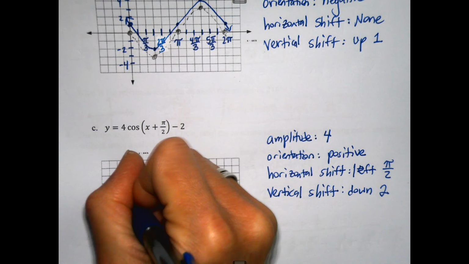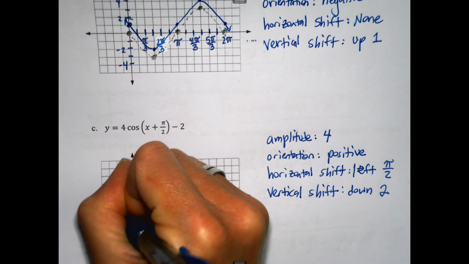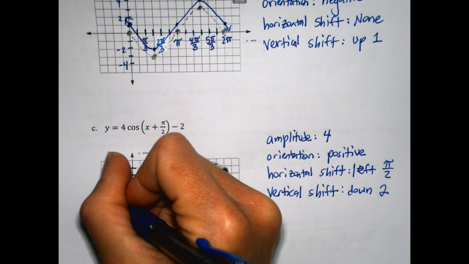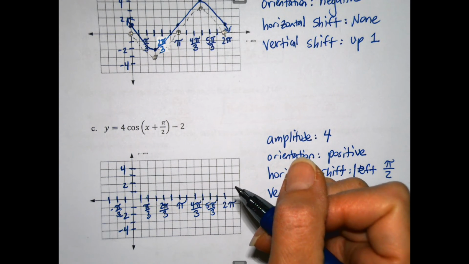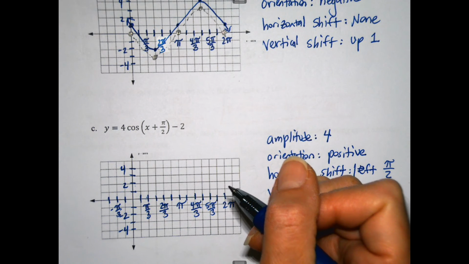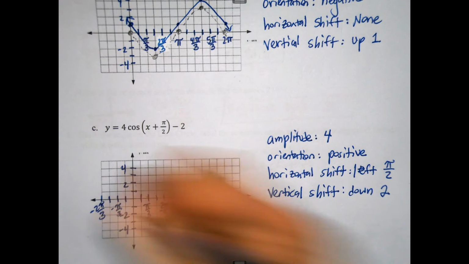And then in the negative direction, negative pi over 6, negative pi over 3, negative pi over 2, and negative 2 pi over 3.